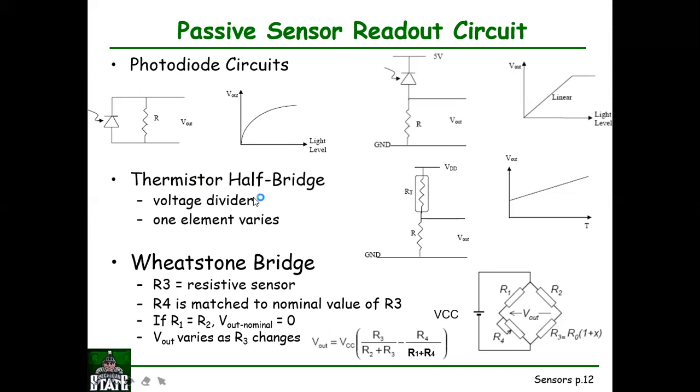For thermistor half bridge, it will act as a voltage divider also. When temperature increases for this RT, there will be a change in your V output. So this is the basic of thermistor. With the Wheatstone bridge, we already know there will be four resistances, and you have to find out the fourth one.